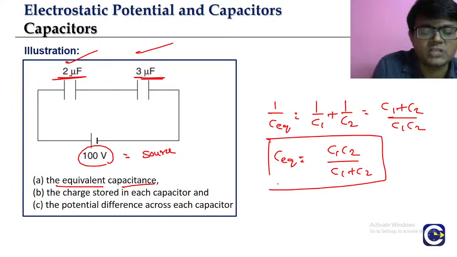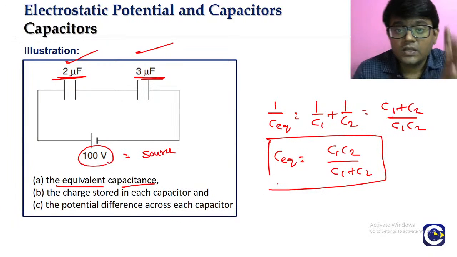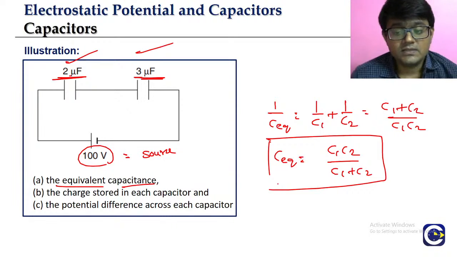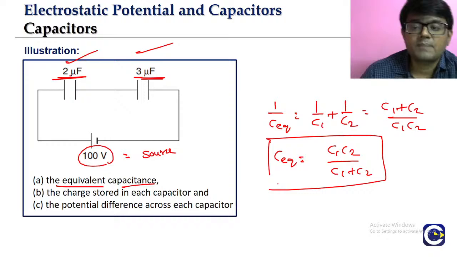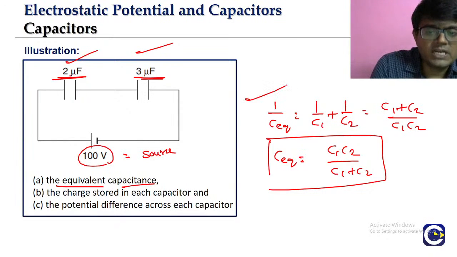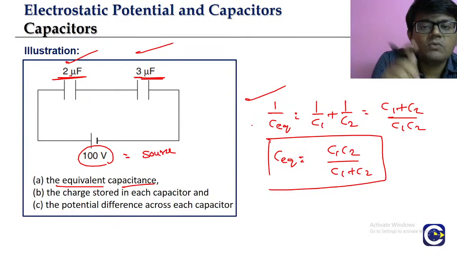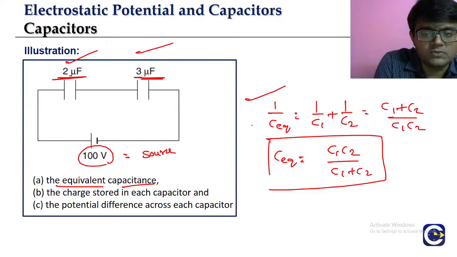You can remember this formula. If you have just 2 capacitors in series, the equivalent capacitance formula is C1 C2 by C1 plus C2. The original relation is 1 by C equivalent is equal to 1 by C1 plus 1 by C2, and from that we can get this ready-made formula. We can use it only for 2 capacitors in series.